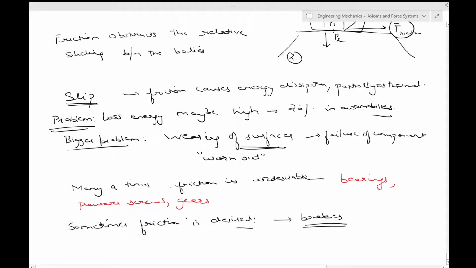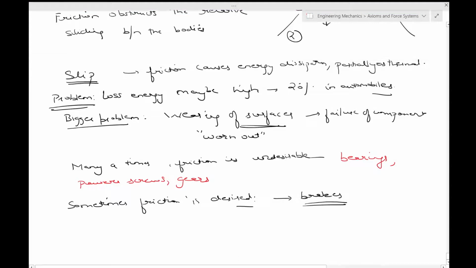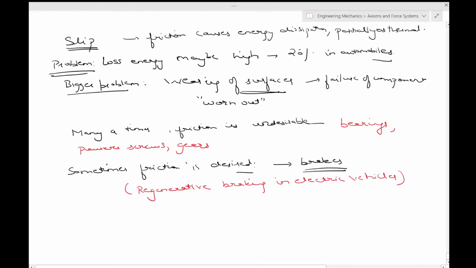Now at this point you should also be learning about a newer concept on your own, so please do it. Something called regenerative braking in electric vehicles. Please try to understand what this is and how it helps to increase the range of an electric vehicle.